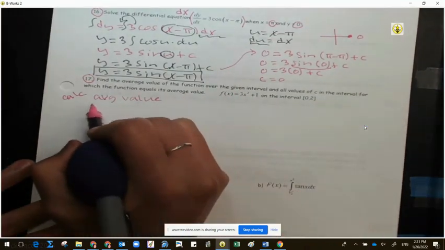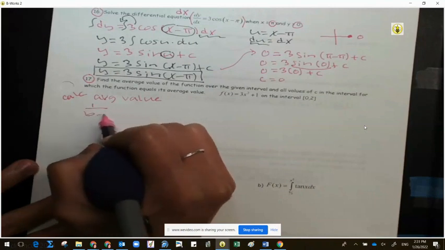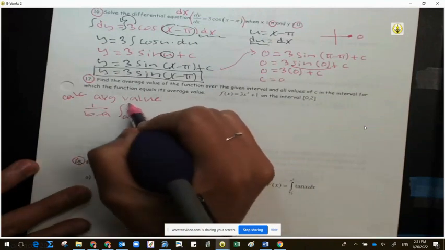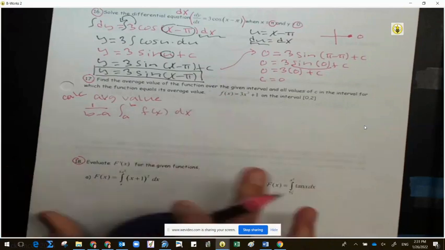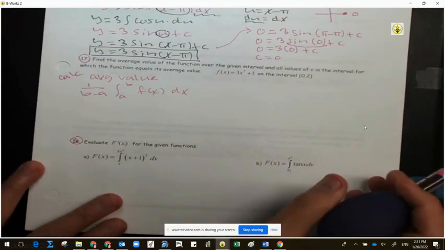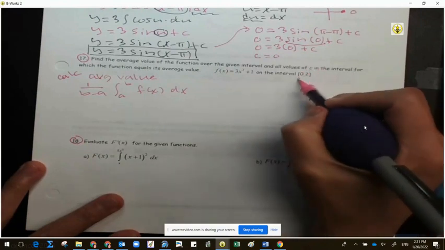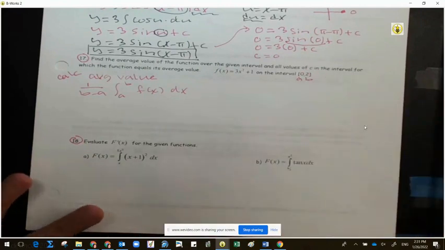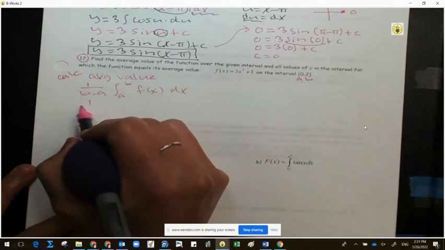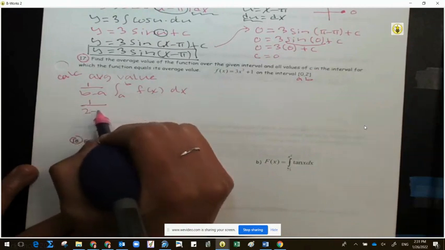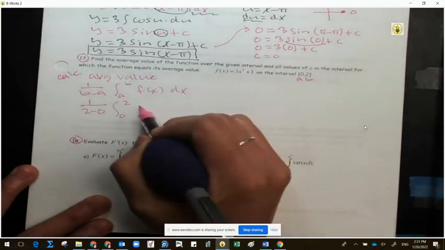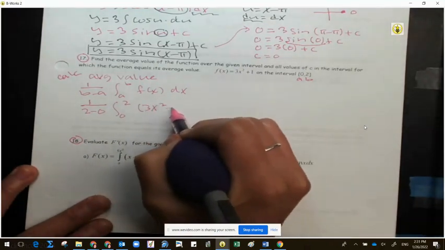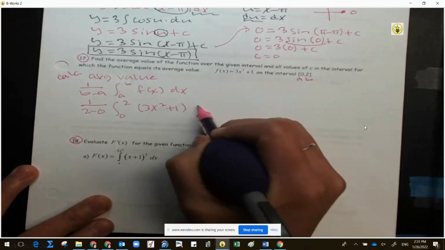So we're looking at 1 over b minus a of the integral from a to b of whatever the function may be, dx. So from the given, we know our a is 0, b is 2. So we have 1 over 2 minus 0 of the integral from 0 to 2. And our function given is 3x squared plus 1 dx.